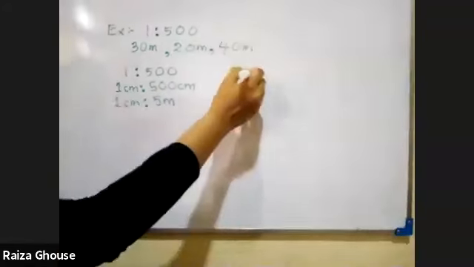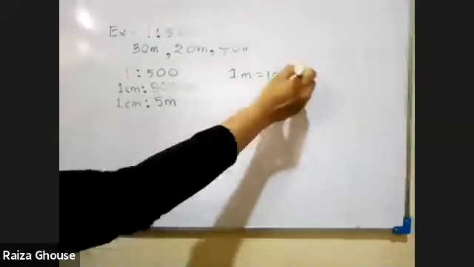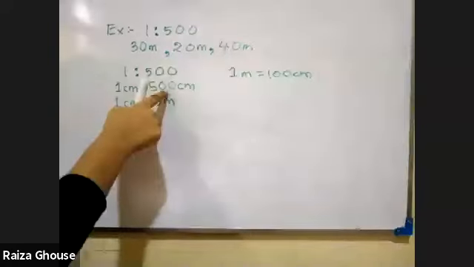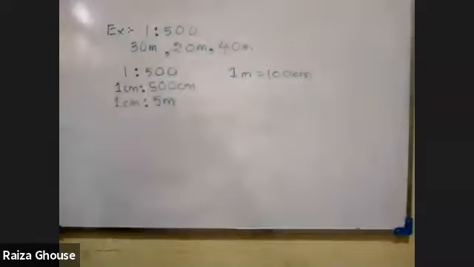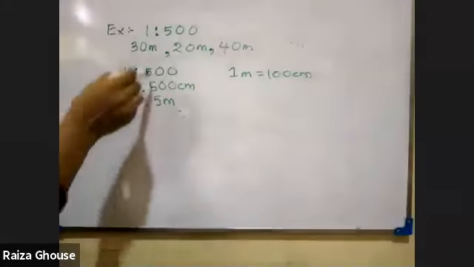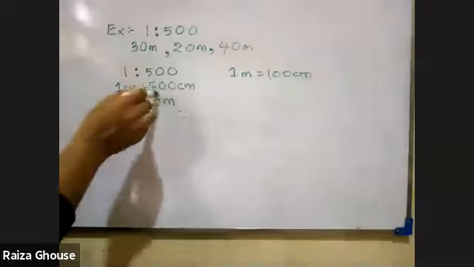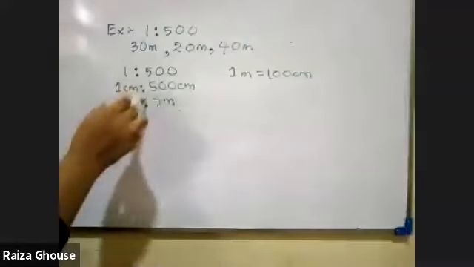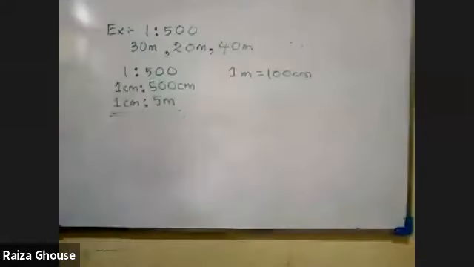Using this knowledge I took it here: 500 centimeter means 5 meter. So that means in our diagram, we are going to show 5 meter of actual length by 1 centimeter.